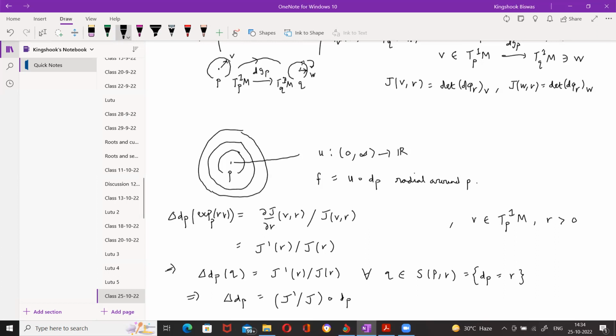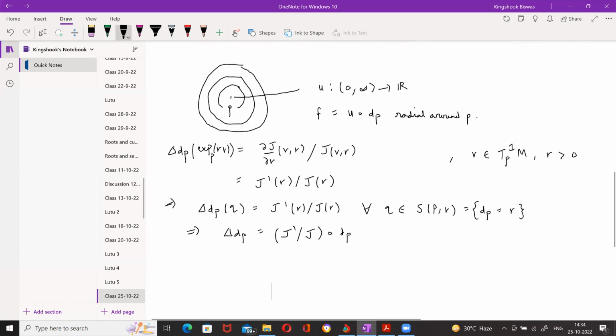For a general Riemannian manifold, it's not true that the Laplacian will preserve radial functions, but that is true for harmonic manifolds.